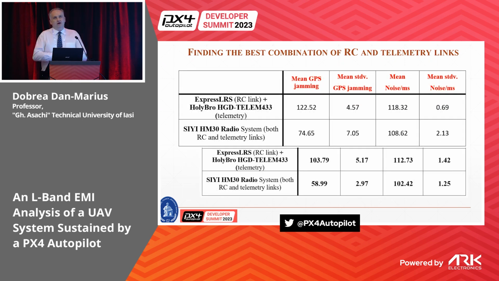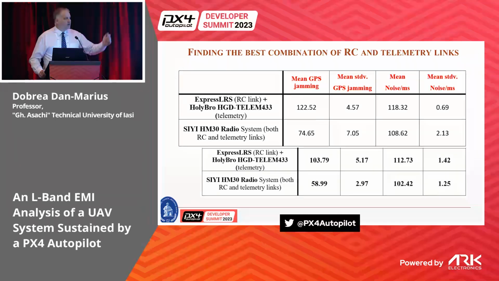If you are asking how that system will behave if I do not use shielding, you see here the results. In the upper table we have the results obtained without any kind of shielding, and in the lower is the table presented in the previous slide where the shield is used.